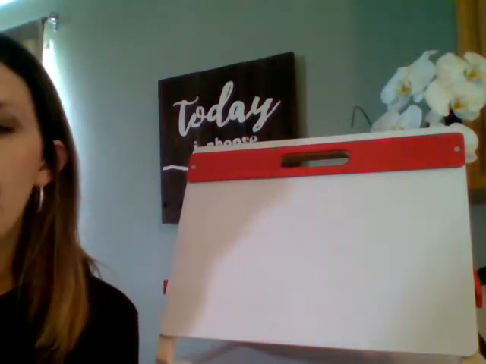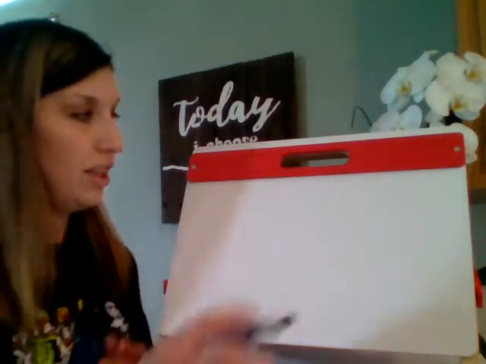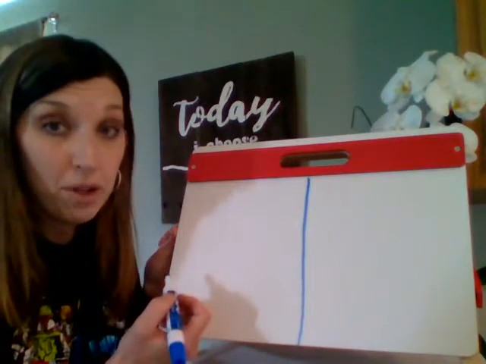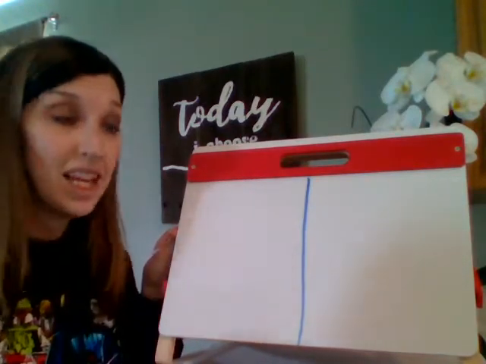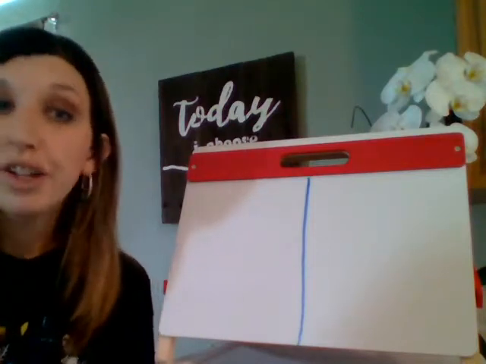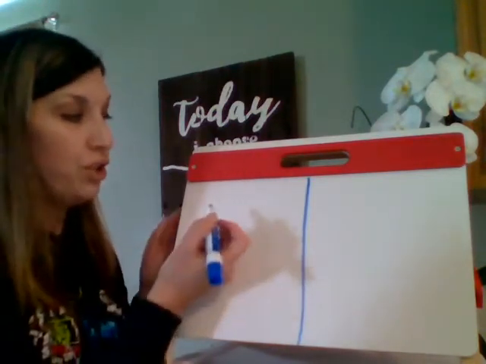I'm going to go ahead and draw the dime and some pennies, and I want you to write the number that it represents, how many cents it is, on your piece of paper or on your dry erase board or whatever you have in front of you to write on.